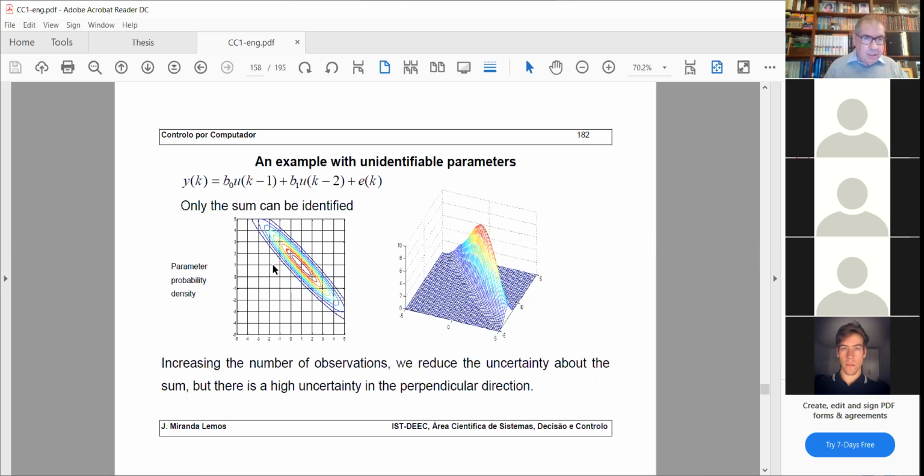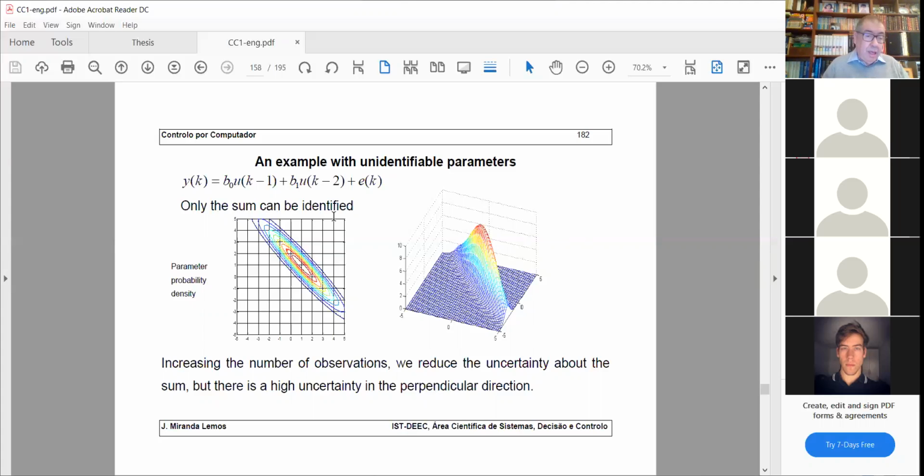Now, what happens? Suppose that u is constant. I cannot estimate both parameters simultaneously, the sum and the difference of the parameters.